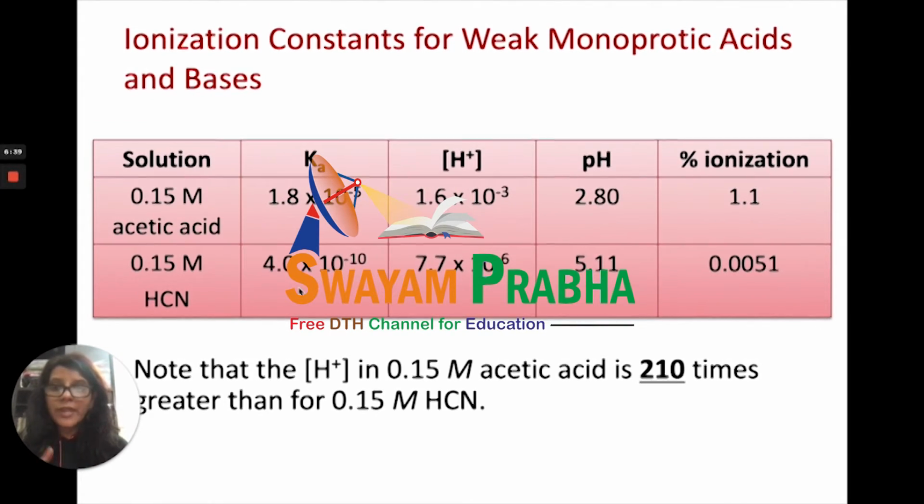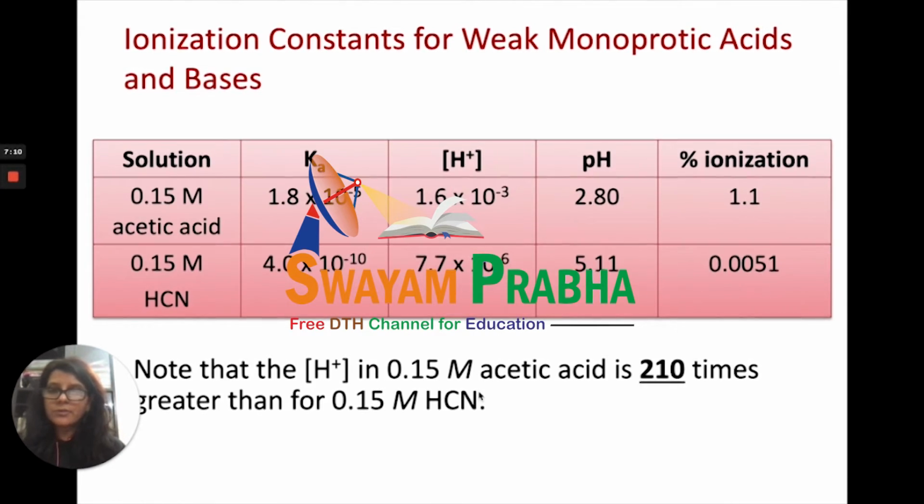And in the case of HCl, whose Ka value is 10 to the power minus 10, your percentage ionization is 0.0051. So for weak acids, the percentage ionization or the degree of ionization is very, very low. If you have a Ka value of 10 to the power minus 5, then you get around 1%. If you have a Ka value of 10 to the power minus 10, then you get the degree of ionization as 0.0051.